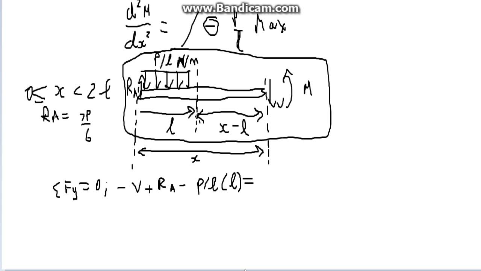Remember I told you guys about that before. Equals 0. Moving on, we get v equals ra, 7p on 6 subtract p, and we get v equals p on 6.